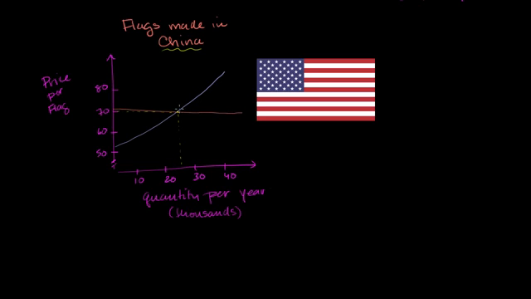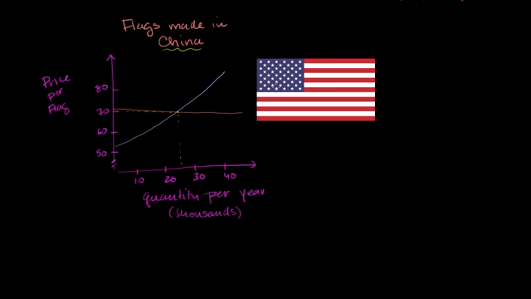Now, if the price were to go slightly above that equilibrium price, what's going to happen? Well, people are going to say, wow, I can go buy the American flags made in Taiwan, or even the ones made in America, or made in Mexico, or someplace else. People won't be able to tell the difference from a distance.